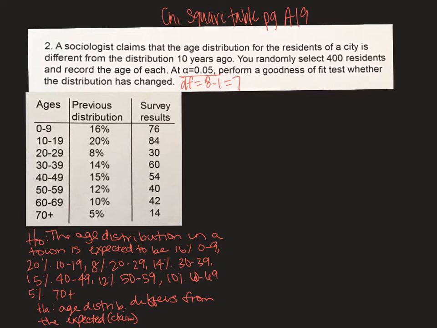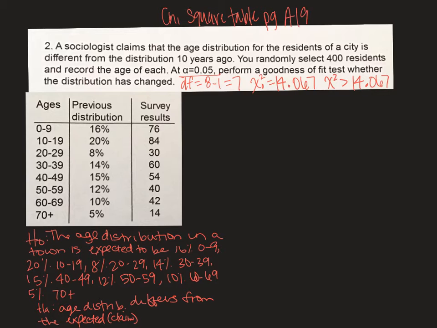So our degrees of freedom is going to be 7. We go to 0.05 and down to 7, which gives us 14.067 for our critical value, which means our rejection region is going to be greater than 14.067, because it's always right-tailed.